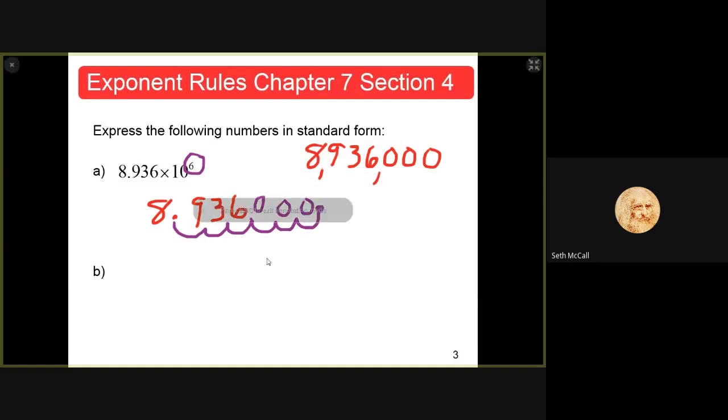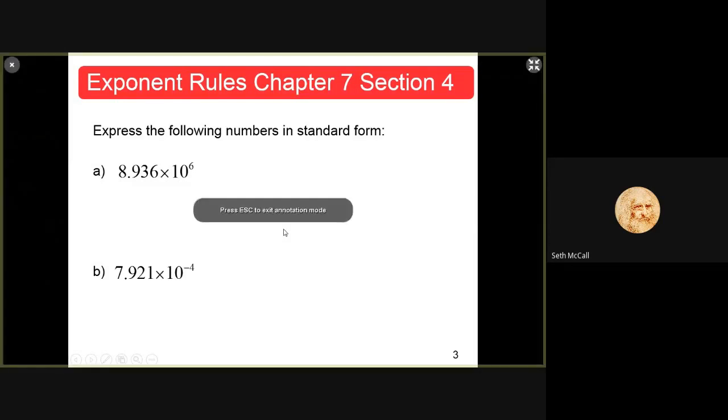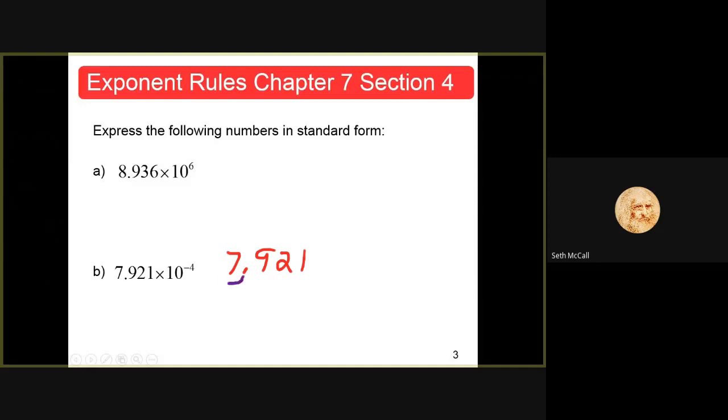The last one that we're going to take a look at today is 7.921 times 10 to the negative 4 power. Now, in this example, you can see that the exponent is negative. Therefore, when I write out the number 7.921, the decimal point is going to move to the left 4 places. So it's going to go 1, 2, 3, 4.